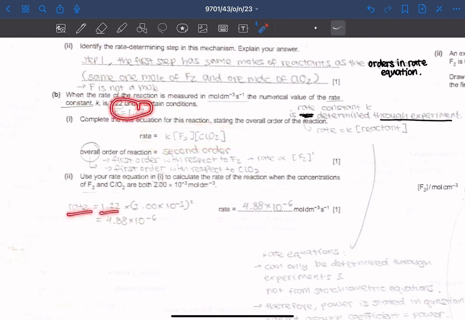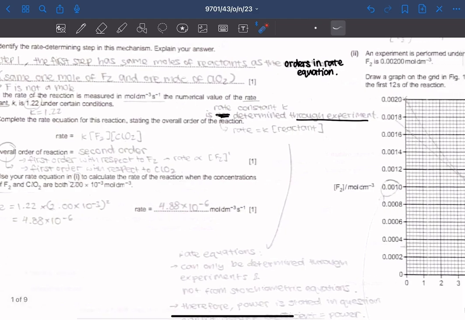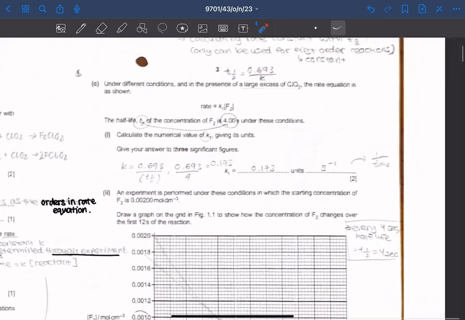Rate is equal to k, which is 1.22 as stated in the question, multiplied by 2 times 10 power negative 3, because each of F2 and ClO2 has this concentration, and power of 2 because one is for the concentration of F2 and the other is for the concentration of ClO2. Then you would get 4.88 times 10 power negative 6 mole per dm cube per second. Usually, I would place it in 3 significant figures.